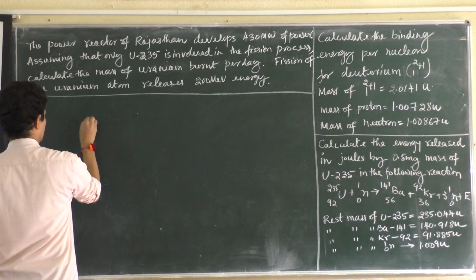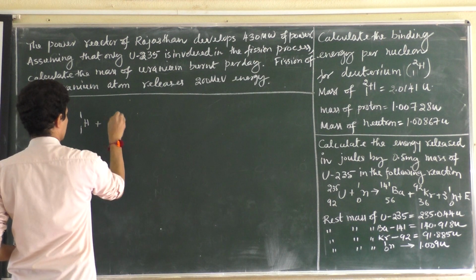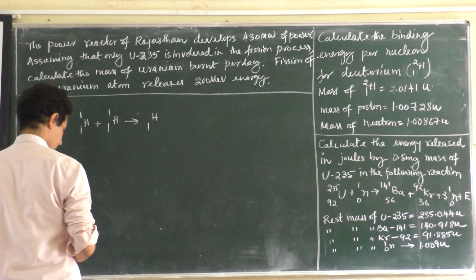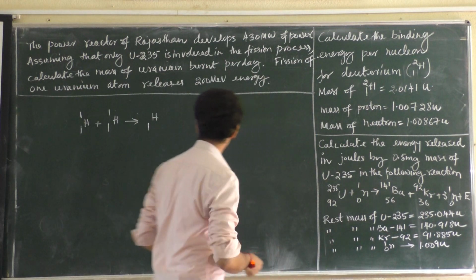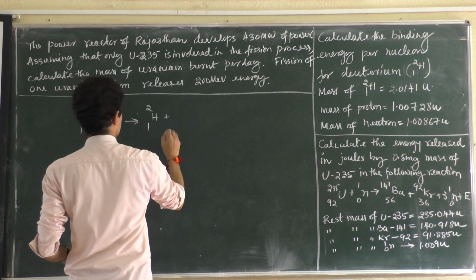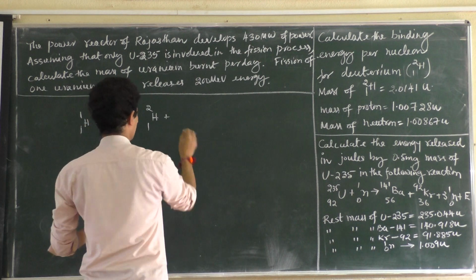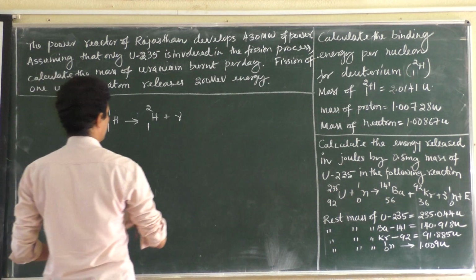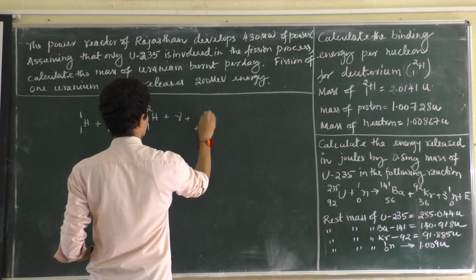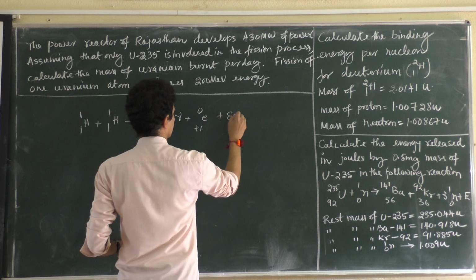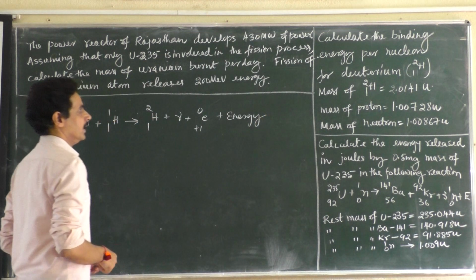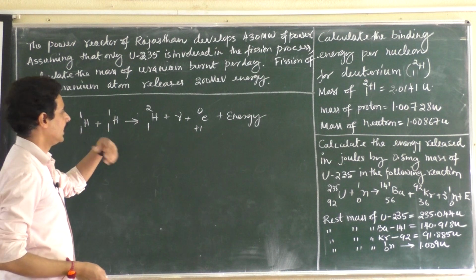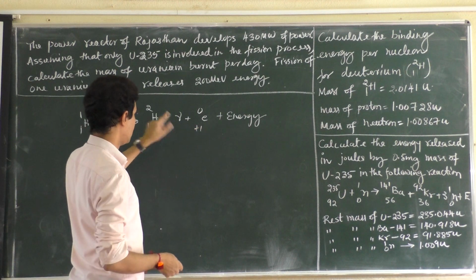So 1H1 plus 1H1 gives 1H2, plus a positron and a neutrino. We know this fusion process, right? Two hydrogen nuclei combining together to form a deuterium, a positron and a neutrino.